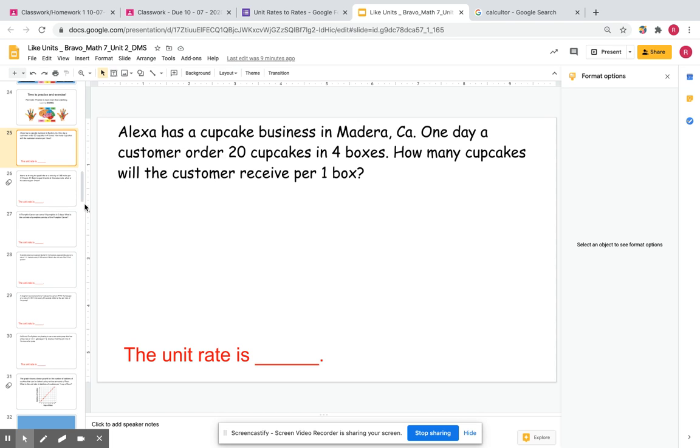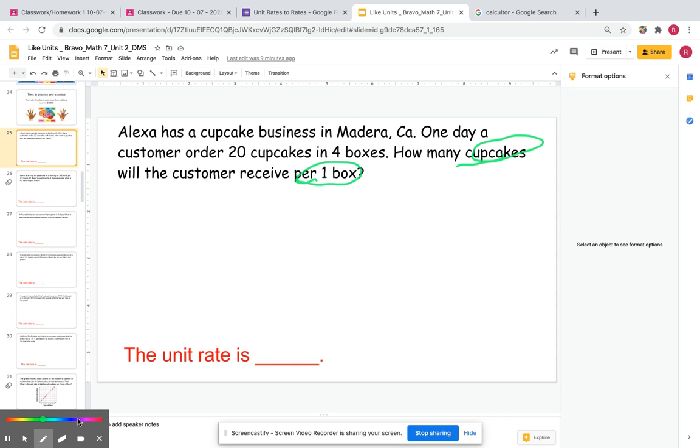They're asking you to find out how many cupcakes you can put in 1 box. With that in mind, we're going to annotate what we're finding. So we want to know cupcakes per 1 box.